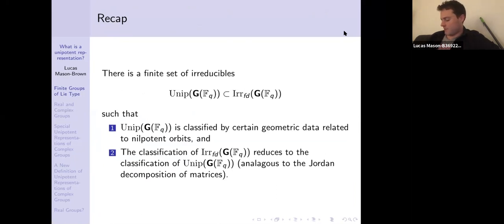And the classification of all representations reduces, by some kind of procedure analogous to the Jordan decomposition of matrices, to the classification of this small finite set. So this is more or less the kind of story that we want to emulate in the world of real and complex reductive Lie groups.